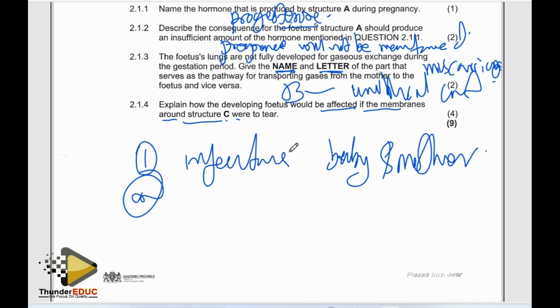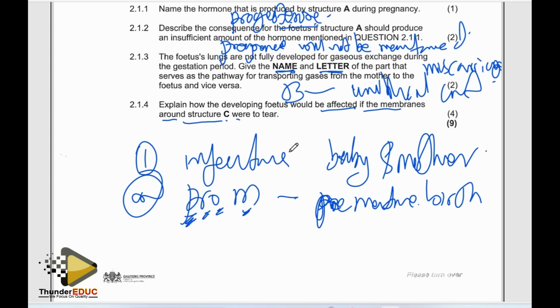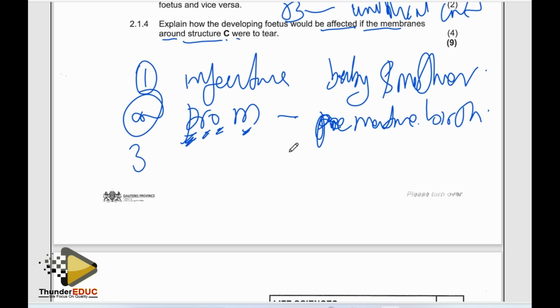Premature rupture of membrane can lead to premature birth. You understand? You are going to produce a premature baby, depending on the age. Number three.